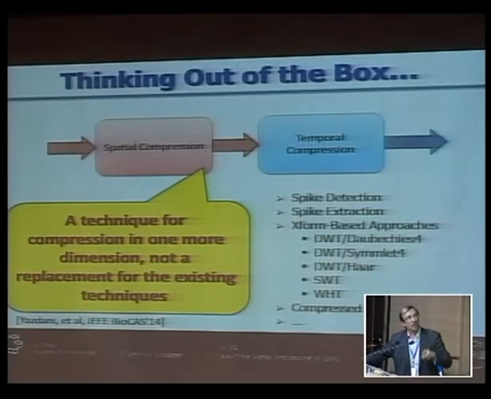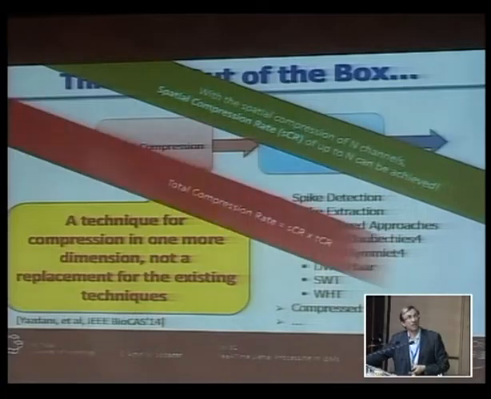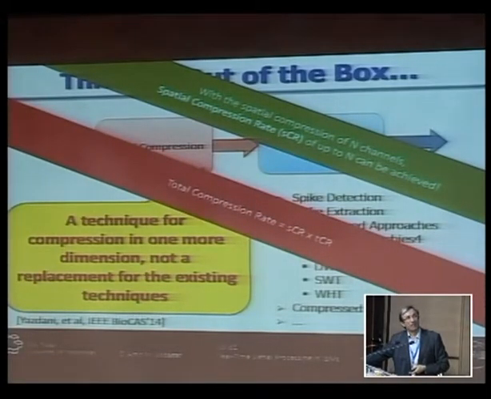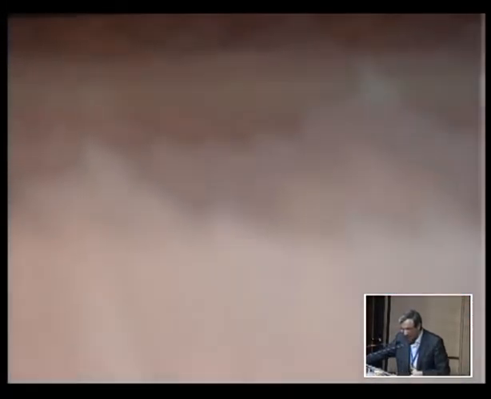That way, we can boost the compression rate by a factor of 2, 3, 4, depending on the design. And there are so many circuit-level and system-level concerns that unfortunately don't fit in this very limited time.